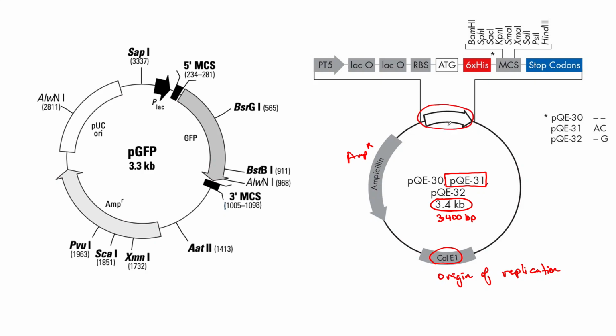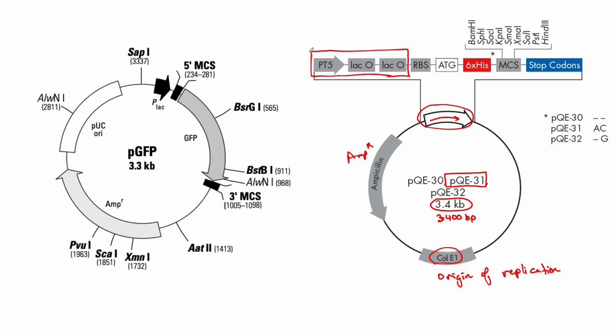Now, this region is just shown here by a white arrow, but what they've done is zoom in on this region to show us what different elements are in this area. And again, this region of the plasmid would be read in this direction from the left to the right. Notice that it's in a different orientation from this ampicillin resistance gene, which is actually read from the right to the left.